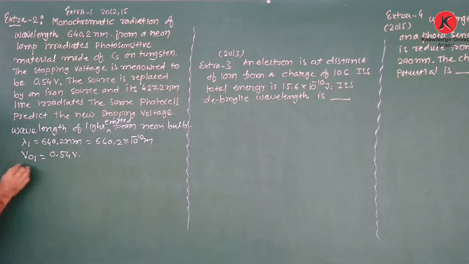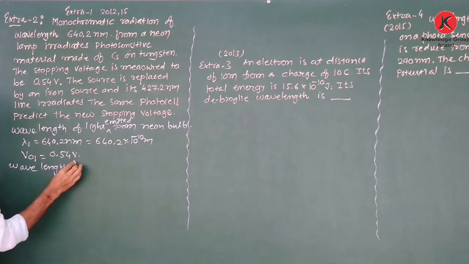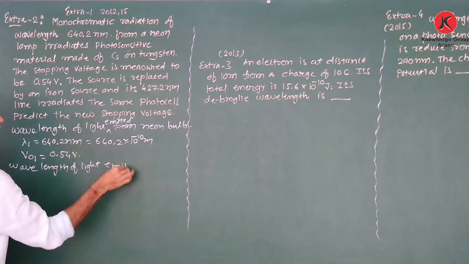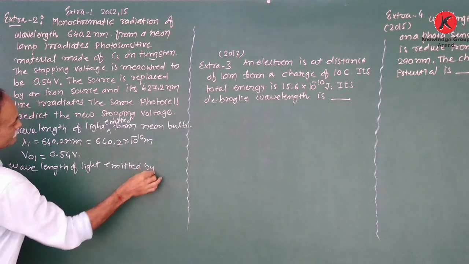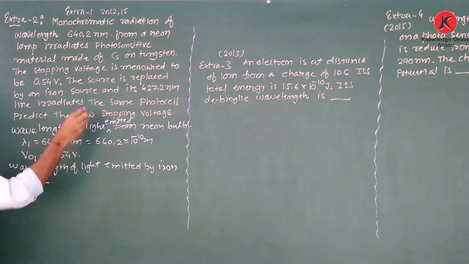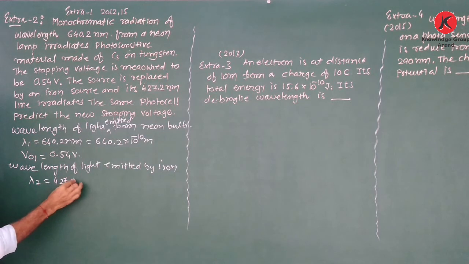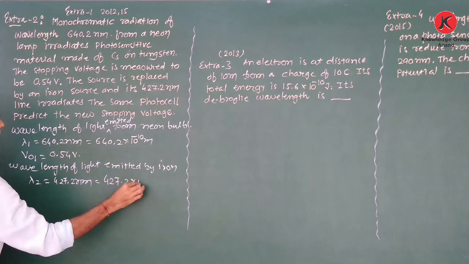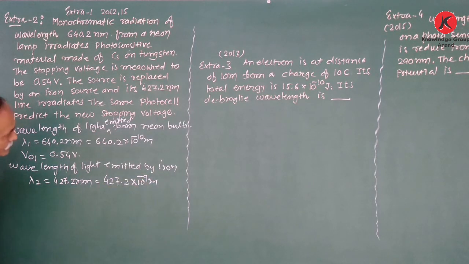Therefore, the wavelength of light emitted by iron is given, lambda 2 is 427.2 nanometer, that means 427.2 into 10 to the power minus 9 meters. Predict the new stopping voltage. We have to find V02. What is the value of V02?